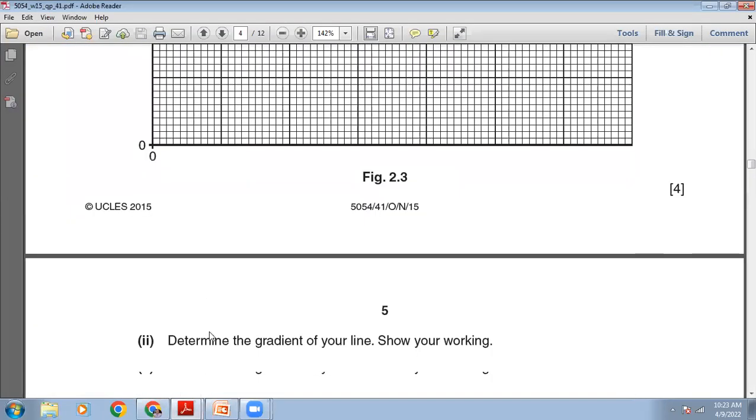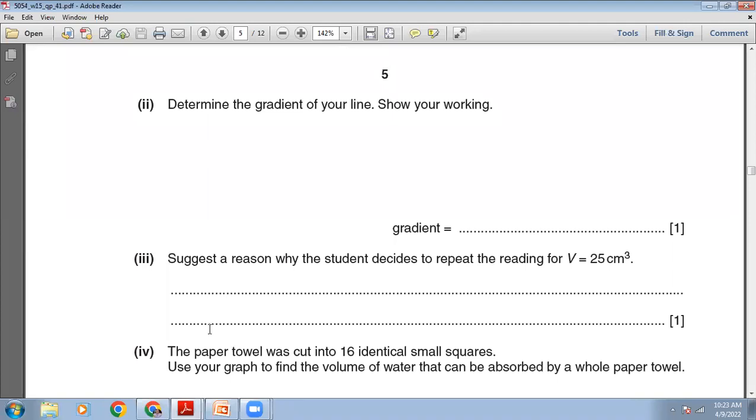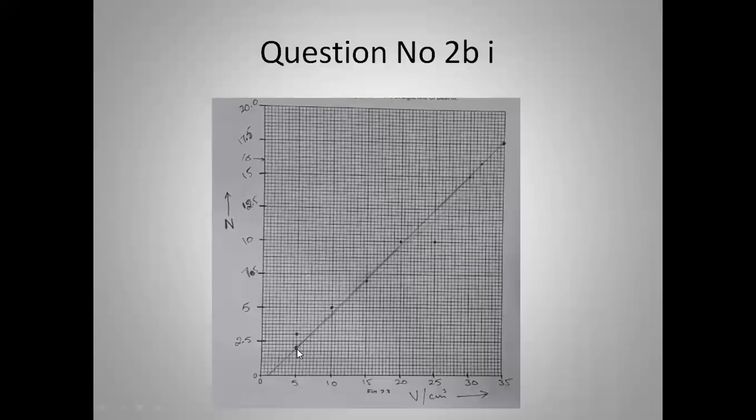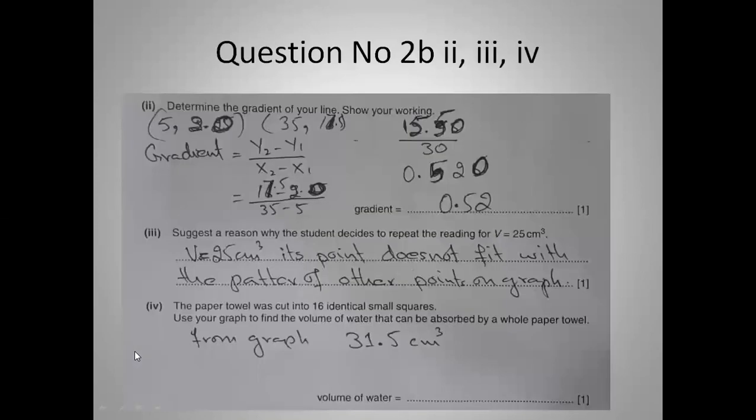He says, we have drawn that graph. Determine the gradient of your line, show your working. Finding the gradient of the line is very simple. You can take any two points, note their coordinates, and then apply the formula.